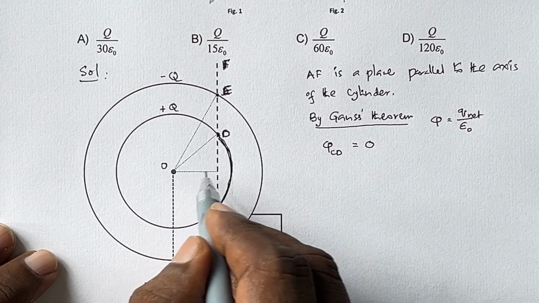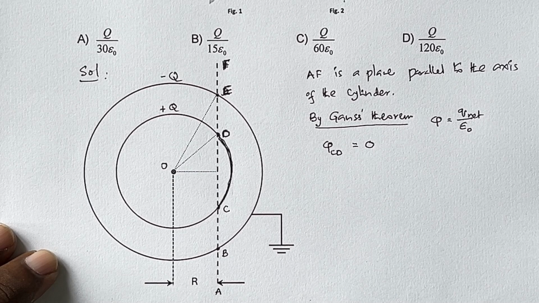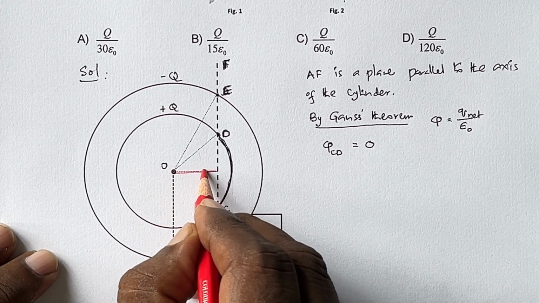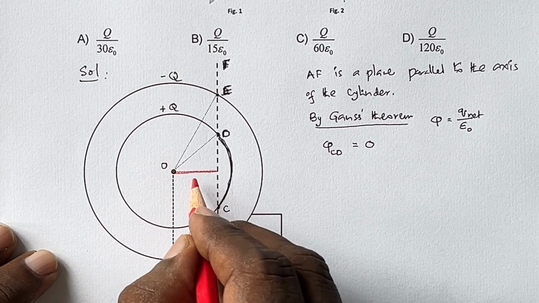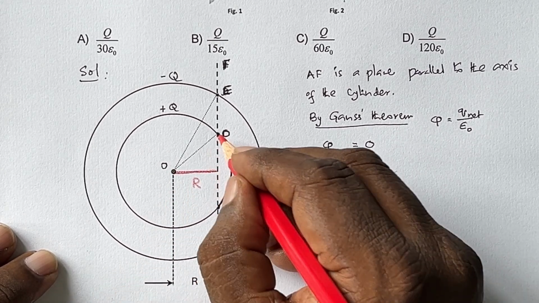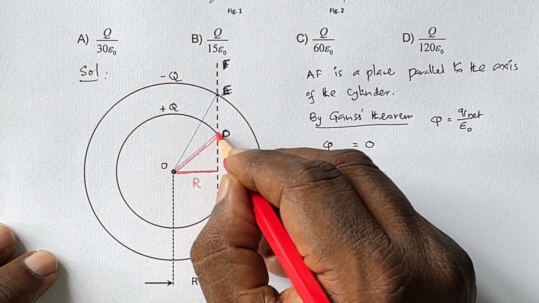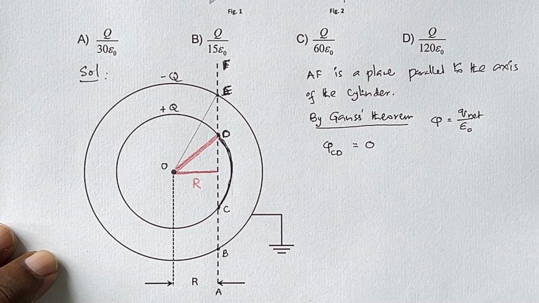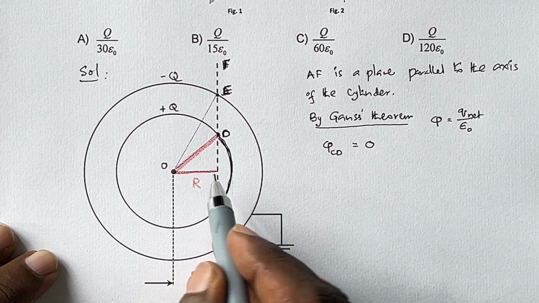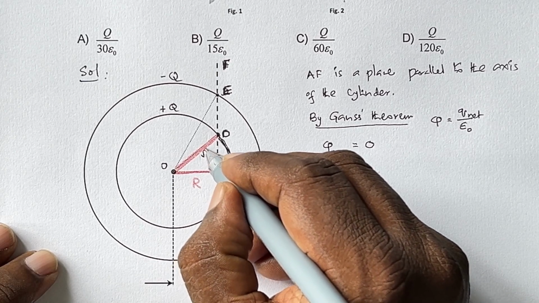This is O. From here to the plane, the distance is R, as given.